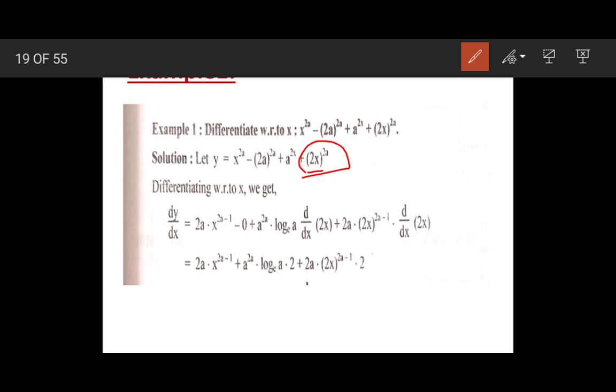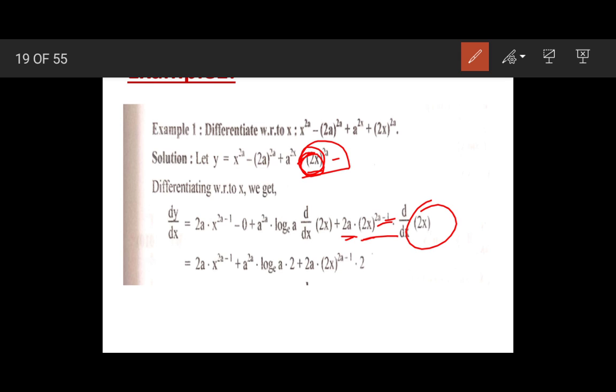This is given in x raised to n form, so we have to apply the x raised to n formula. So that is equal to 2a into 2x raised to 2a minus 1. Consider this whole term as x. So n into x raised to n minus 1 into the derivative of 2x.